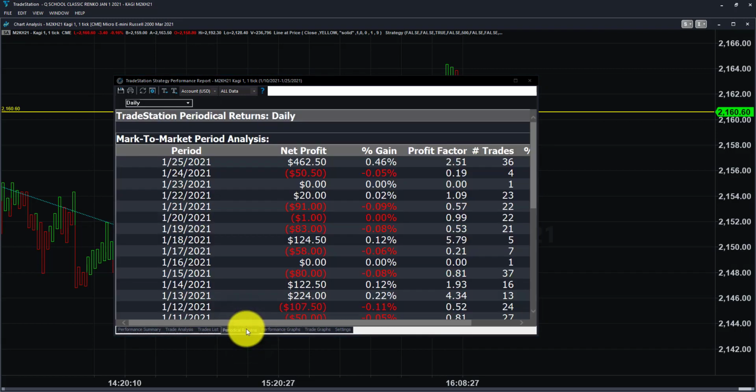Let's come here to the periodical, and you can see here on the 25th, that is today, since midnight, it had a total of 36 trades if you took them all, and it had a profit factor of 2.51. The machine, totally on its own, made about $462.50. Now, could you have gotten in there and maybe managed it a little bit better? Maybe just made a couple $100 on a fraction of those trades? Entirely possible.